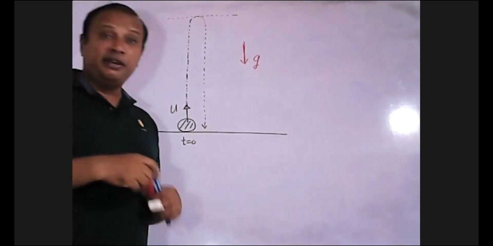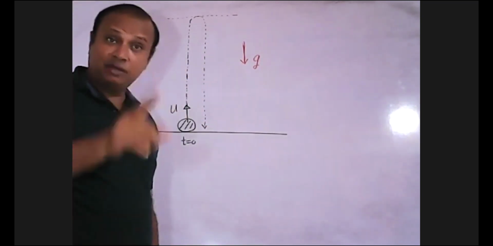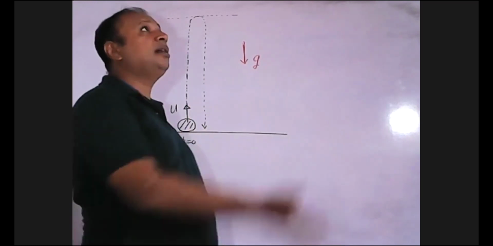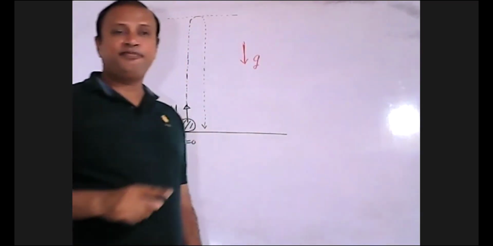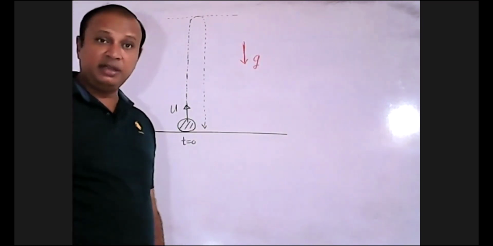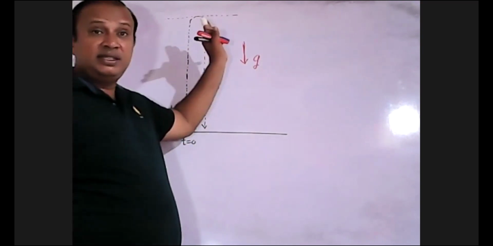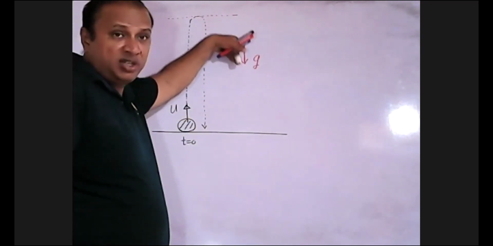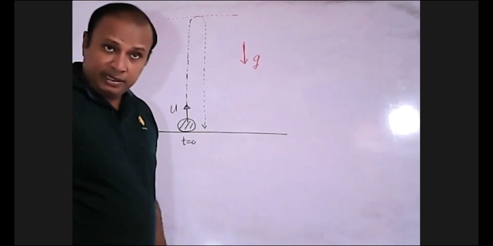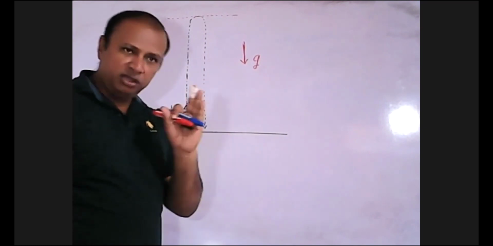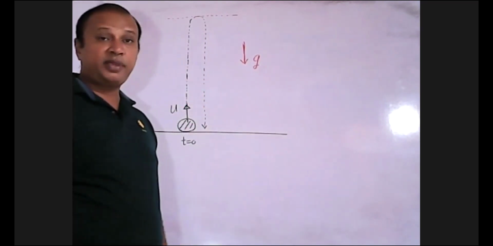So the gravitational acceleration is in the downward direction, that means if we throw a ball towards the upward direction, there will be a deceleration towards the upward direction. Because acceleration is in the downward direction, in the upward direction there should be a deceleration.